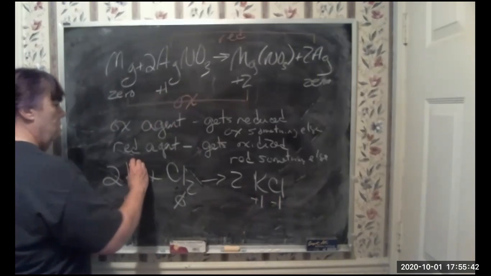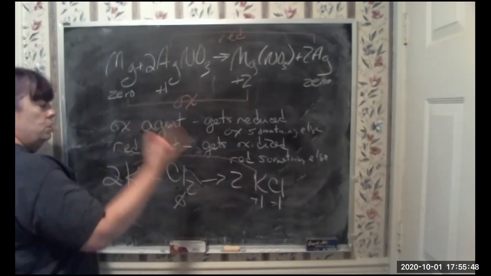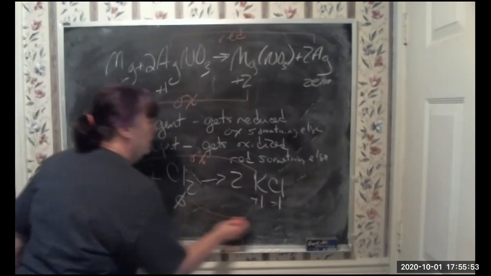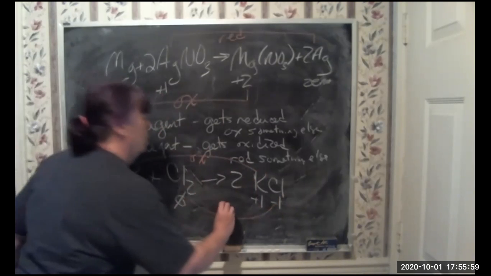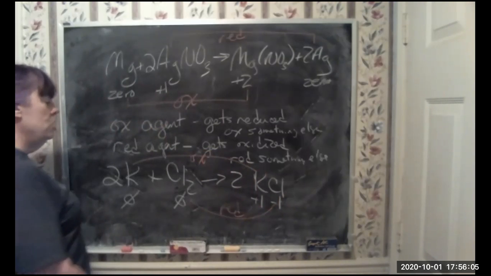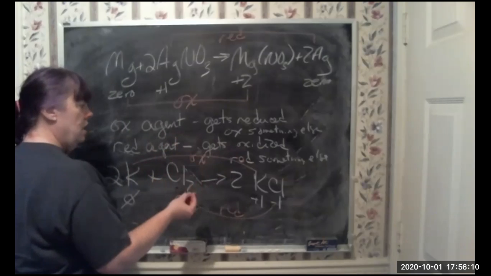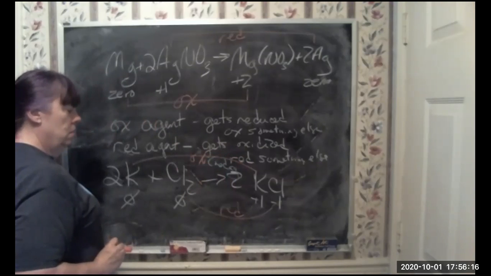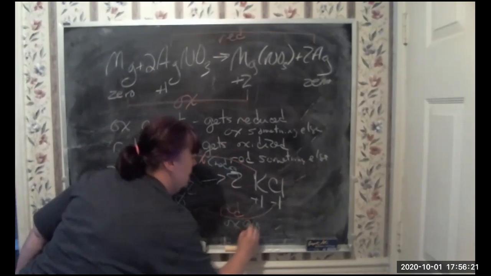So potassium started out as 0, turned into +1, so it's the oxidized one. Chlorine started out as 0, it went down to -1, so it is reduced. You can then also say that since potassium was oxidized, it is the reducing agent. Chlorine got reduced, it is the oxidizing agent.